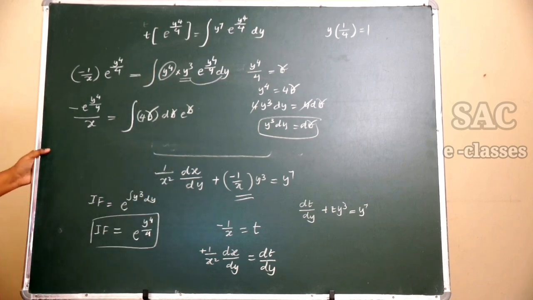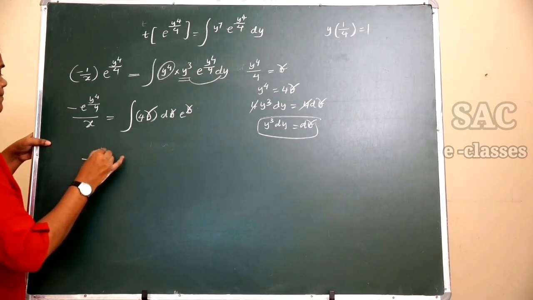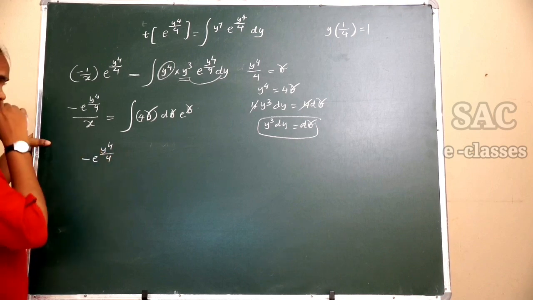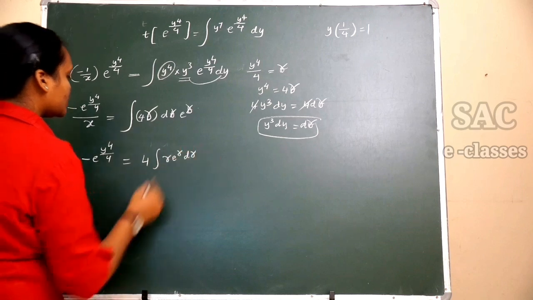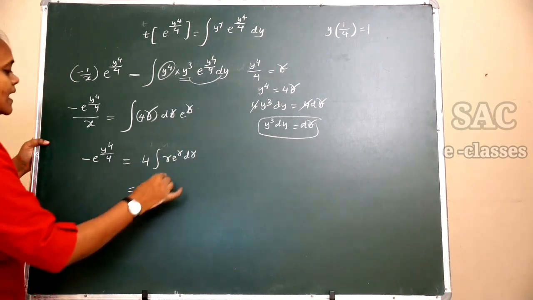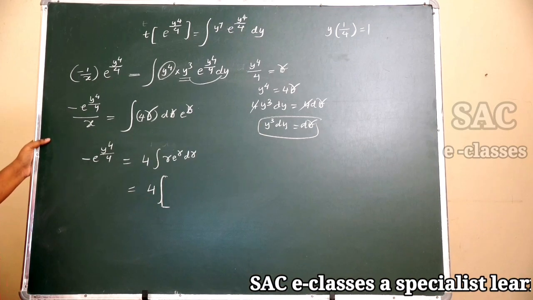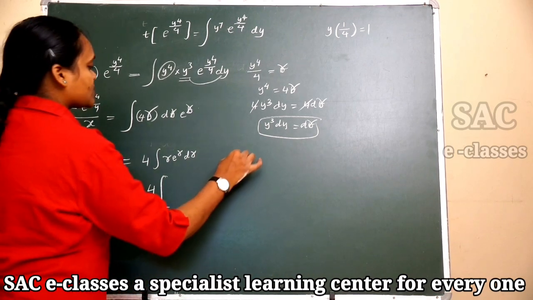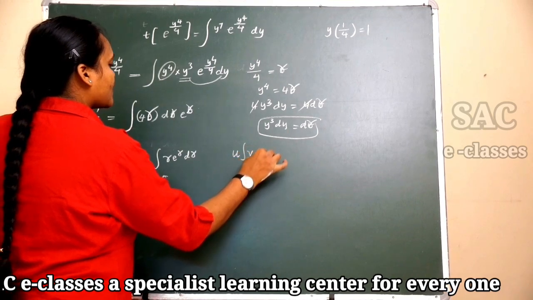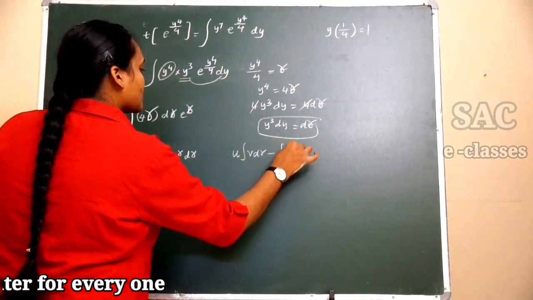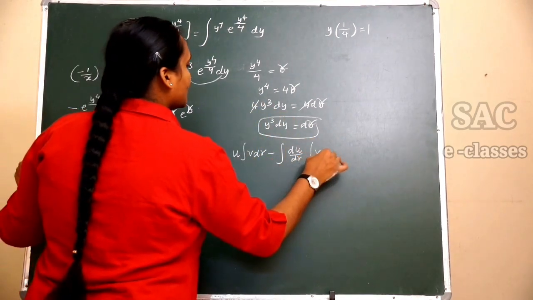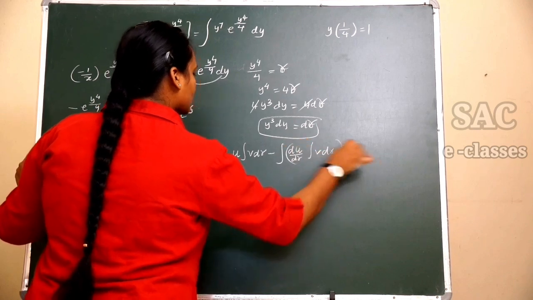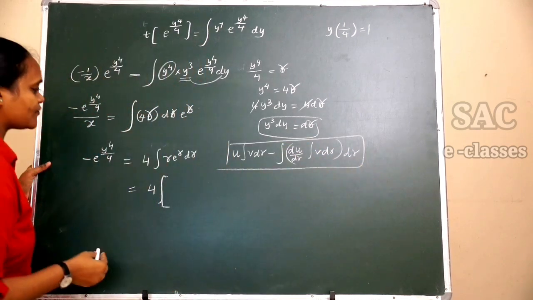Now it is converted as 4r into e power r dr, minus e power y power 4 by 4 by x, which is equal to 4 into integral of r e power r dr. You know how to find this with the help of ILATE, nothing but the integration by parts formula we have discussed previously: integral of u v dr equals u into integral of v dr minus integral of du by dr into integral of v dr. This is the integration by parts formula.